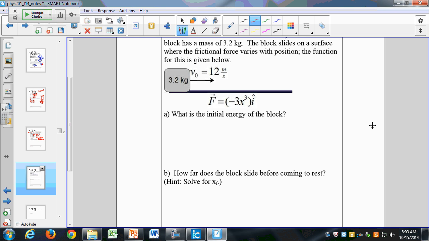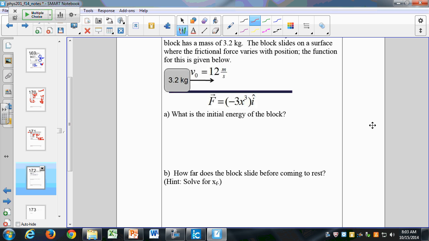What is the initial energy of the block? Holler out when you get it.